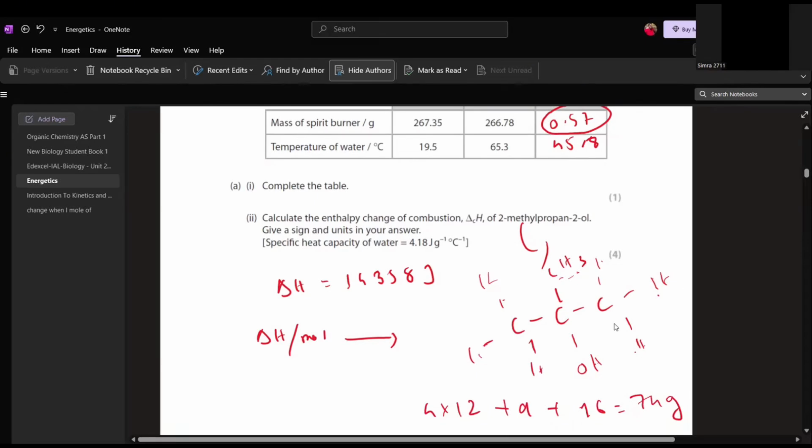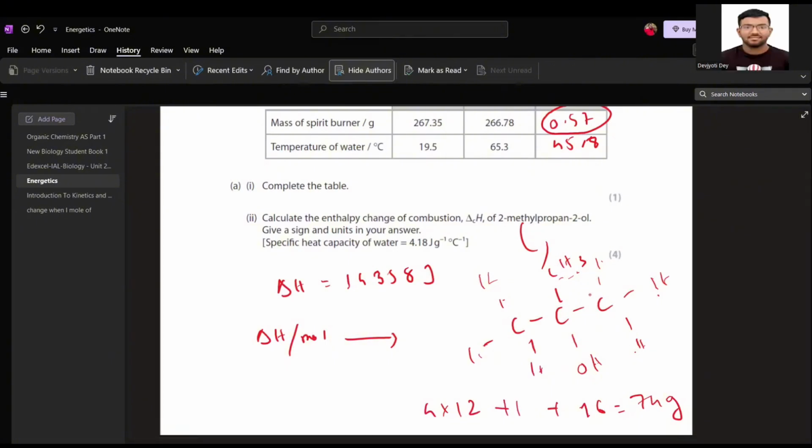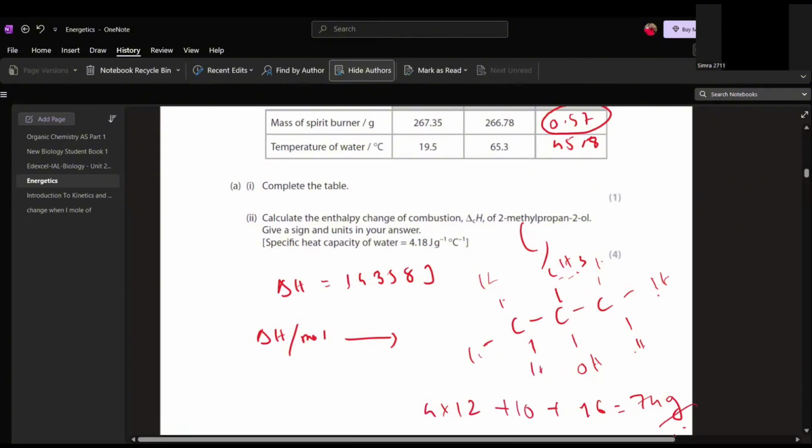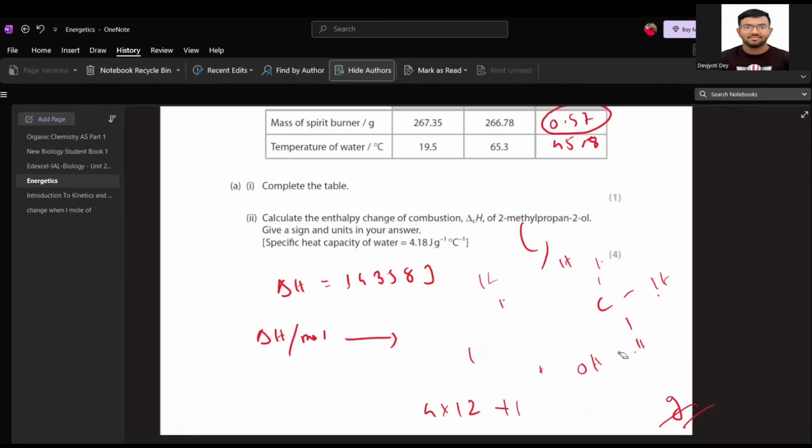You wrote 9. Oh, okay, yes, 10. Sorry. Yes, it's 74 in the end. Okay, so 74 is our molar mass. So now we know everything.